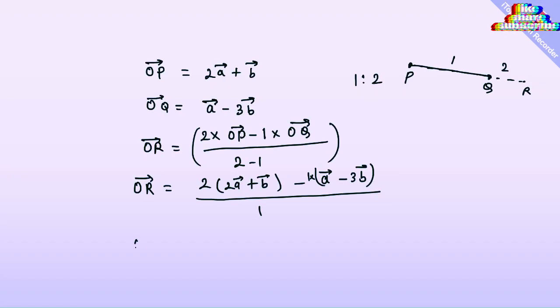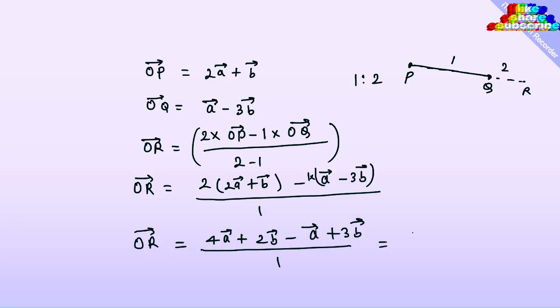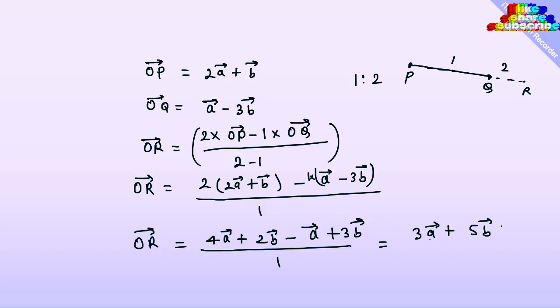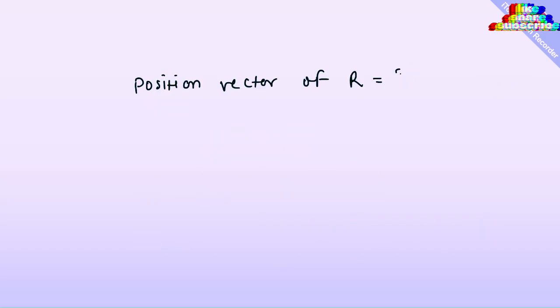So OR vector is equal to 4A plus 2B vector minus A plus 3B vector over 1, that is 3A vector plus 5B vector. So the position vector of R is 3 times A vector plus 5 times B vector.